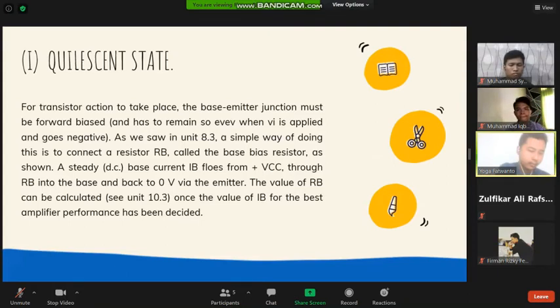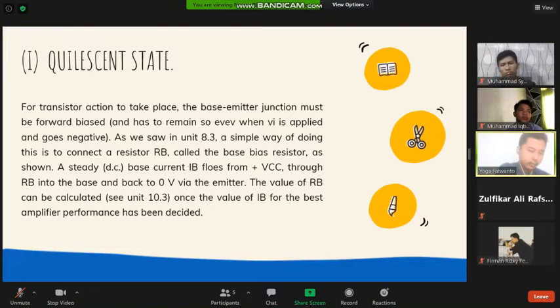First, quiescent state. For transistor action to take place, the base emitter junction must be forward biased, and has to remain so when Vi is applied and goes negative. As we saw in unit 8.3, a simple way of doing this is to plug in the base bias resistor as shown.